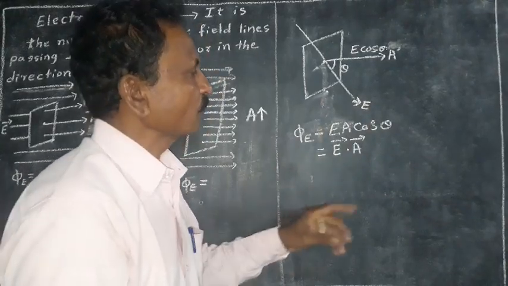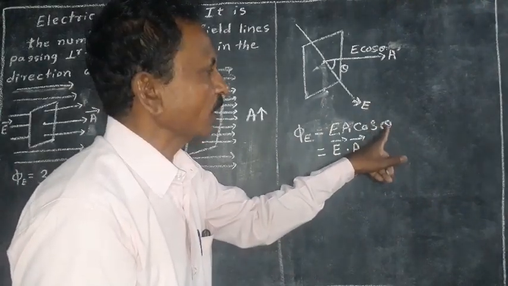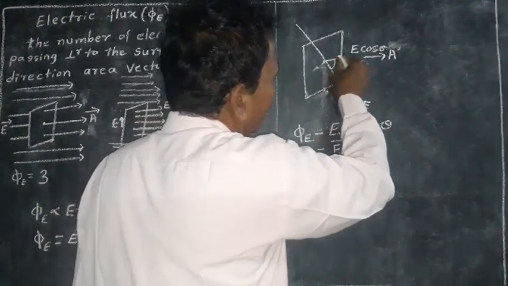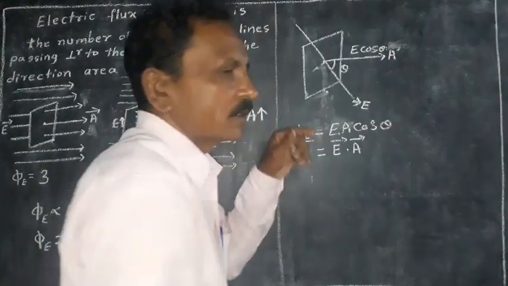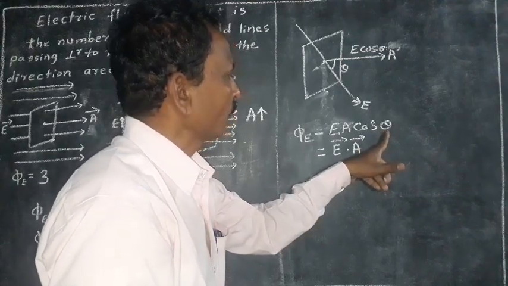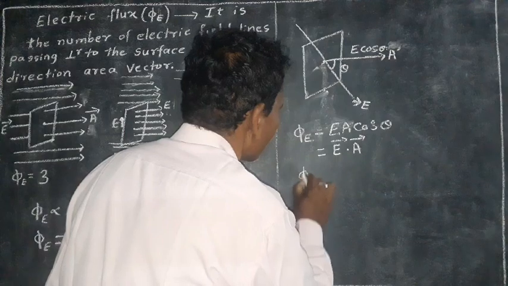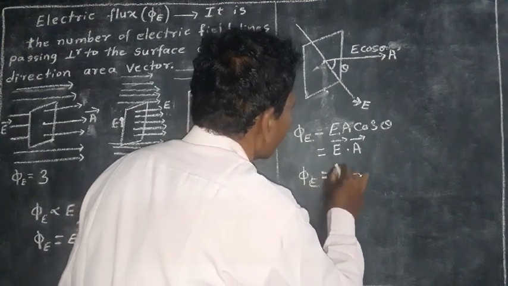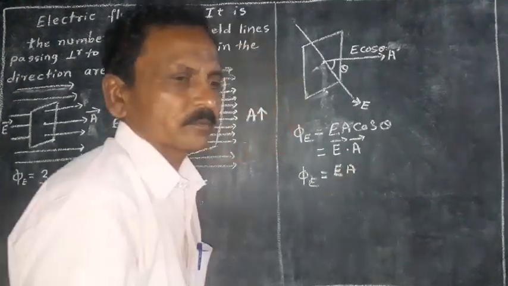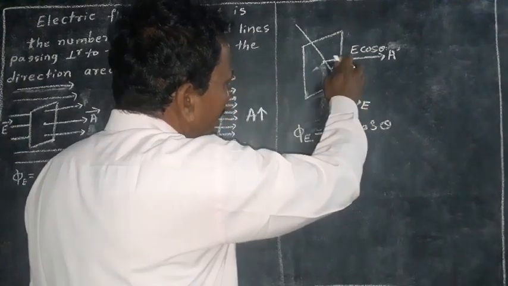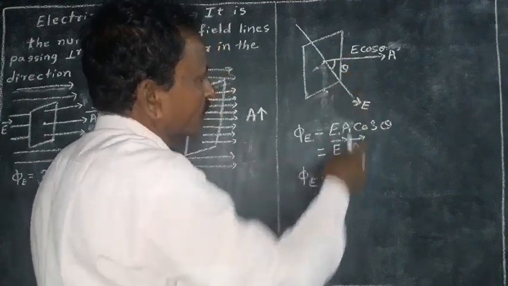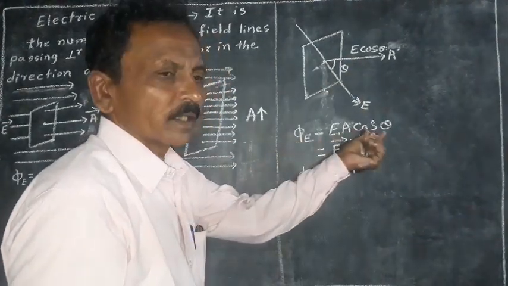And suppose if theta is equal to 0, it means the electric intensity and area vector are both along the same direction. If theta equal to 0, then phi E equals magnitude of electric intensity into area. And as the angle between A and E increases, cos theta value decreases.